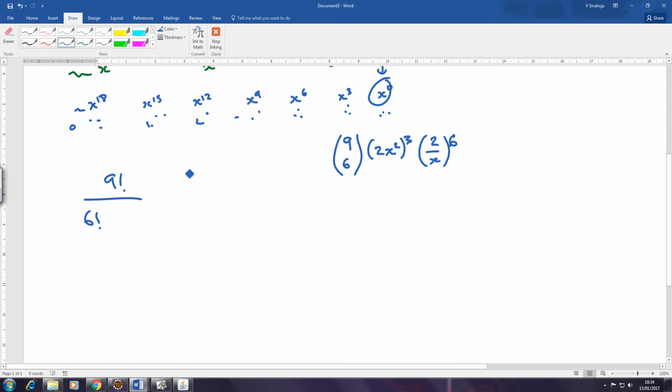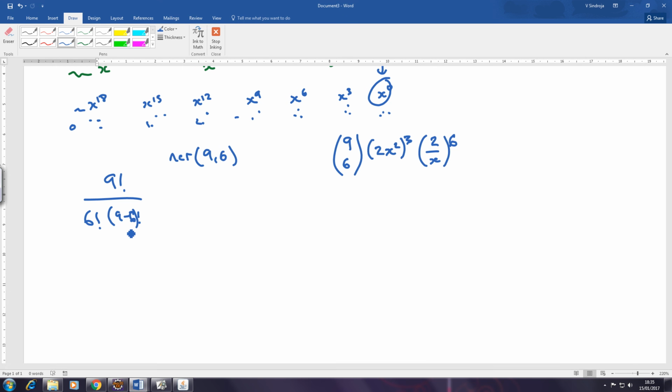Obviously, if you've got one of those fancy calculators, I think you can just type in nCr 9 choose 6 if you've got a TI-Nspire, and there's something similar on the Casio. But I'm just going to use this because I don't have that particular calculator to hand right now.